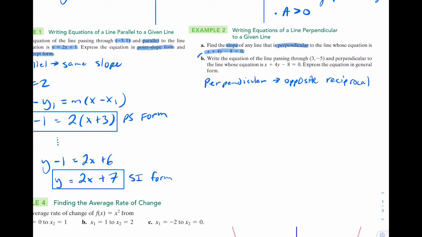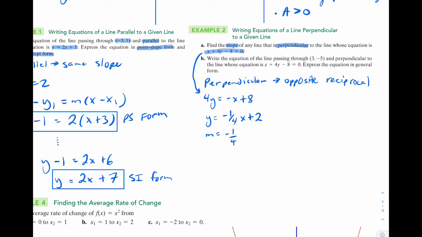So for this one, let's grab that equation and let's solve for y. Let's put it in slope-intercept form. So 4y should equal negative x plus 8. So y should be negative 1/4 x plus 2. So we can see here that m is negative 1/4.